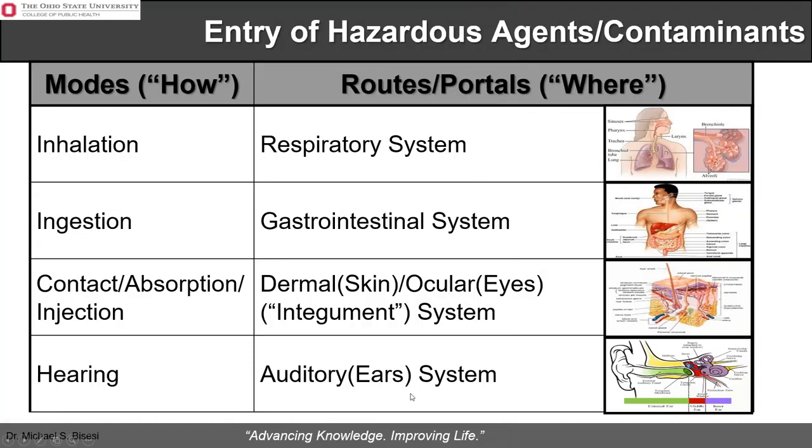So we asked the question, how are we exposed to substances and where? And you see in this table, there's really four major modes of entry, how we're exposed. You can inhale contaminants from the air, and the initial portal or route involves the respiratory system.